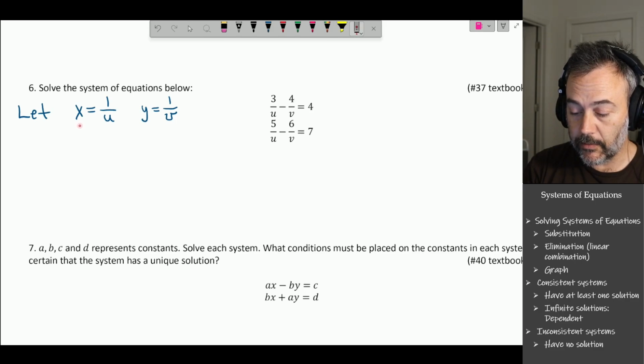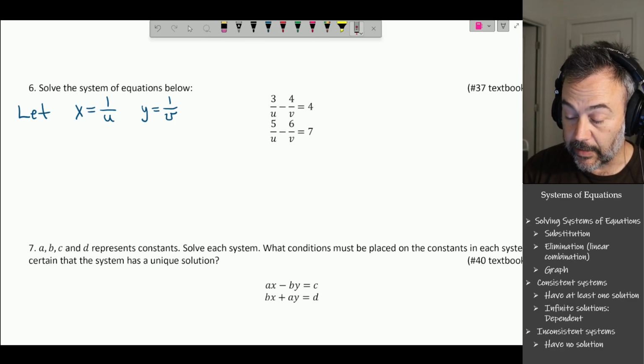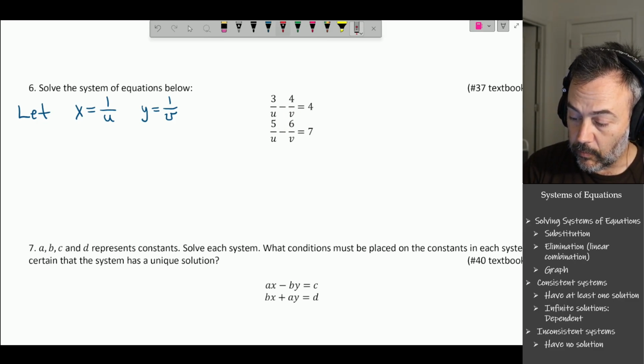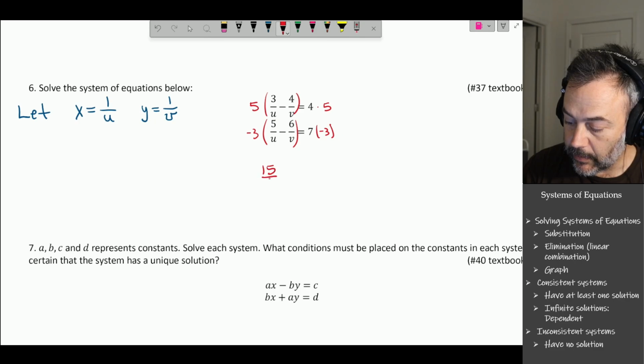One thing you can do is substitute 1 over u and 1 over v, replacing those with x and y. You can also just solve these directly. For example, what if you multiply top and bottom of this by 5 and multiply top and bottom of this by -3? I would get 15 over u minus 20 over v equals 20.